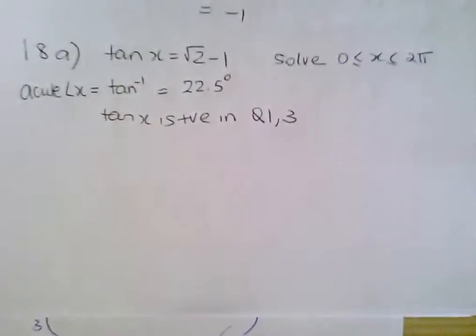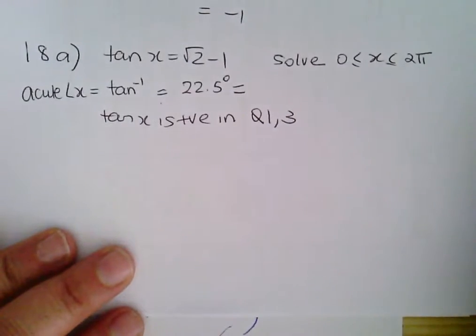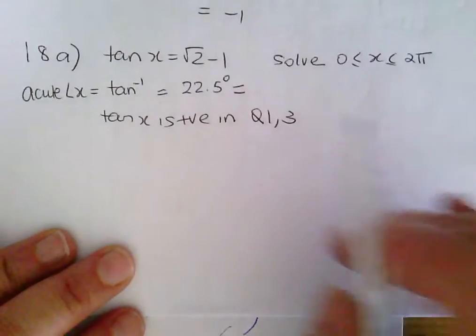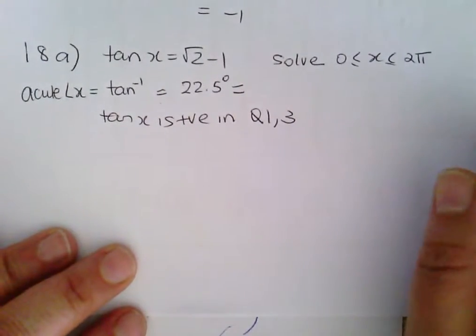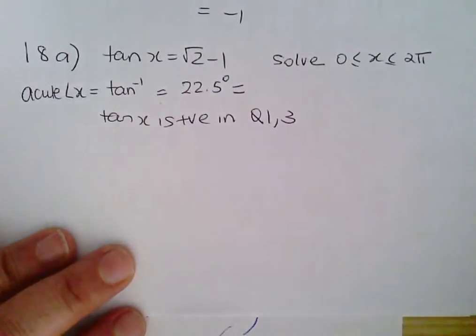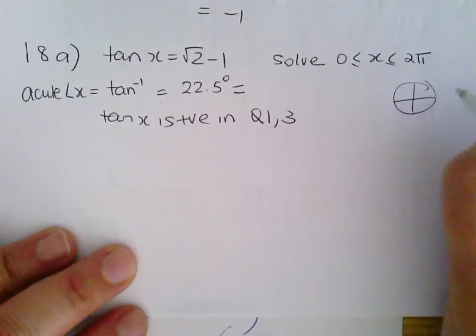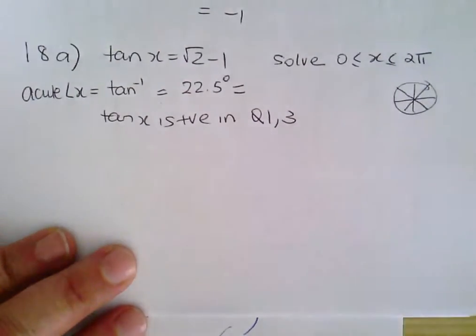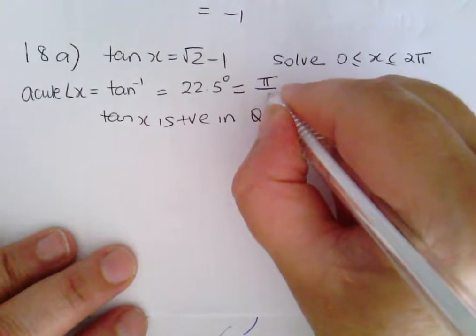22.5 degrees. Now we're going to convert that to radians. Now, what's 45 degrees? Pi on what? So what do you think half of that is? Half of 45, pi on 8. So if 45 degrees is pi on 4, how do we know this? If you've got a circle and you've got a quarter and you cut them into smaller pieces, you've got 8 when you halve your quarters. So that's pi on 8.